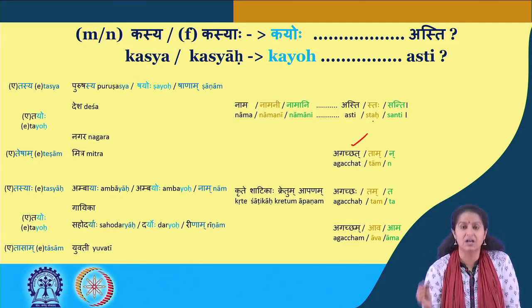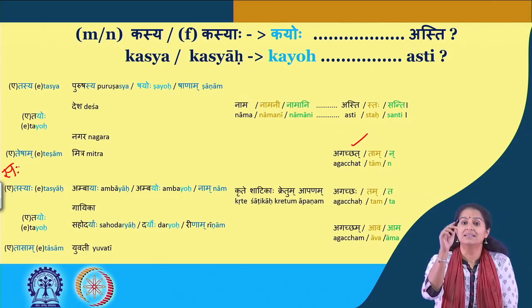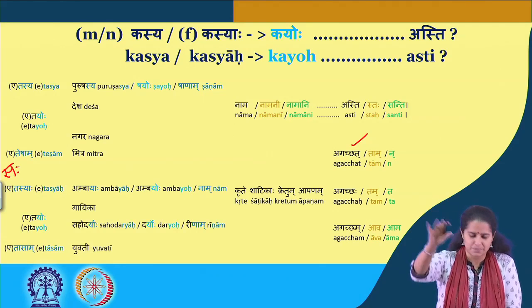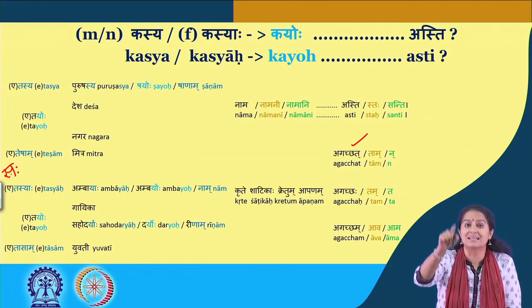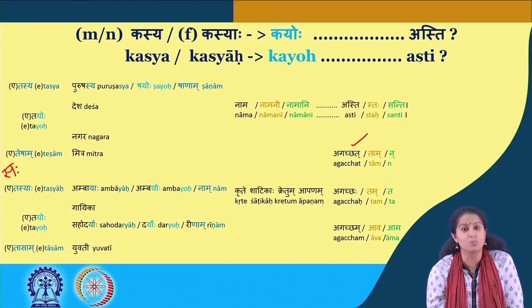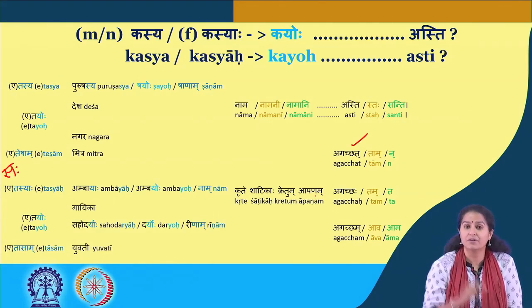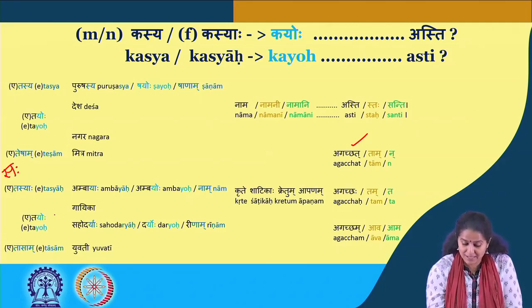The moment you see agachat, who should be the subject? Saha. So saha or sa, the whole third person and second person formal, masculine and feminine. Now saha tasyaha ambayaha krite shatikaha kretum apanam agachat. For those two mothers, saha tayoho ambayoho krite shatikah kretum apanam agachat.